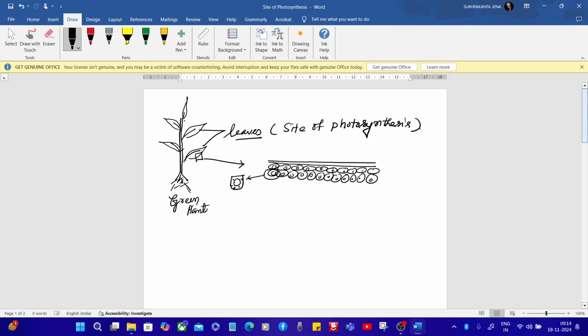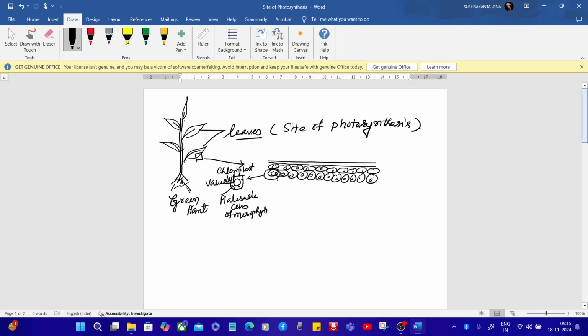If you see each cell here, these cells are nothing but palisade cells of mesophyll, and here there is the vacuole, this structure, and these small dot-like structures are the chloroplasts, which are cell organelles.